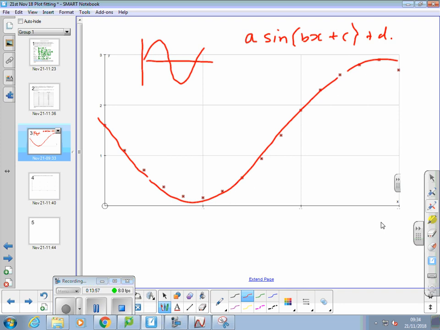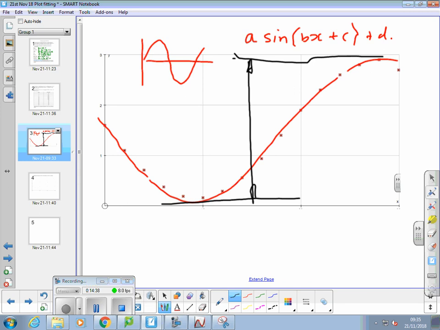So what's the first constant you think you might go for to be able to make a start on calculating those constants A, B, C and D? Sorry? The amplitude. How might you go about finding out what the amplitude is, Lewis? What does it mean? So what you're saying is A needs to be from there to there.